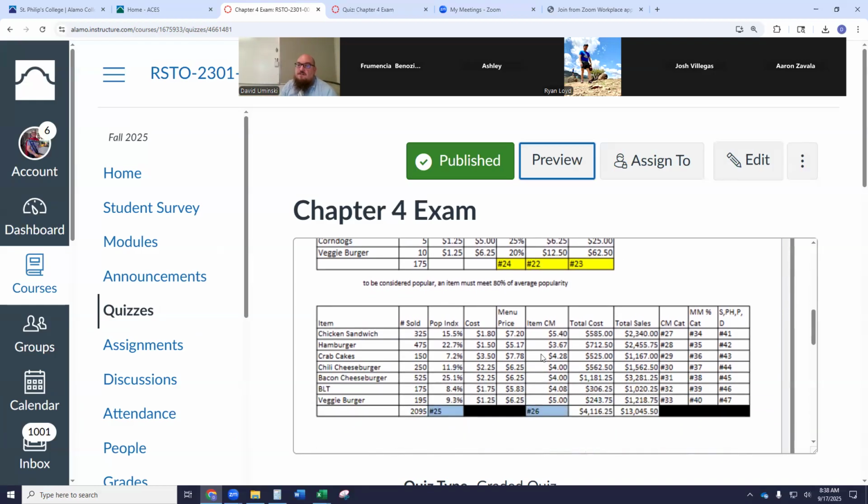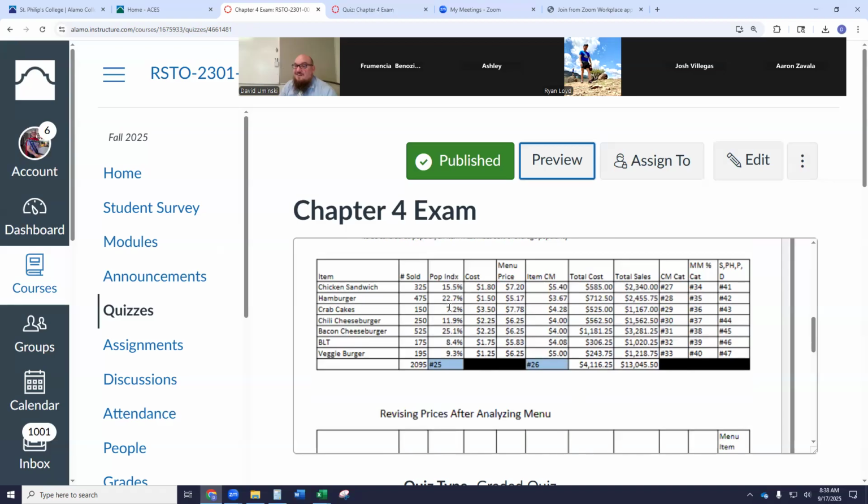And then you'll notice there's 70 questions. You're like, oh my gosh, Mr. Minsky, 70 questions, that's so many. But take a look. Literally, you're going to have to find 25, that's the popularity benchmark. 26 is the average contribution margin. And then the majority of the answers are going to be the categories.